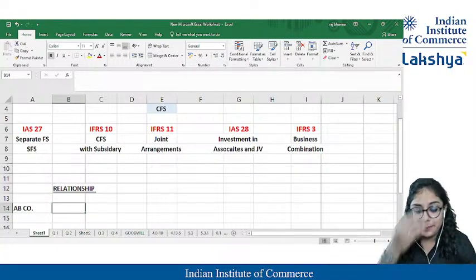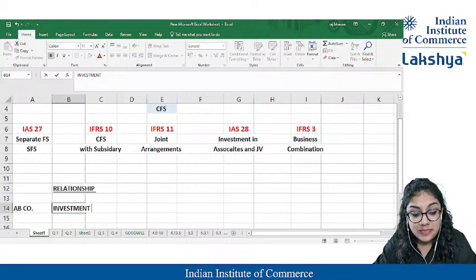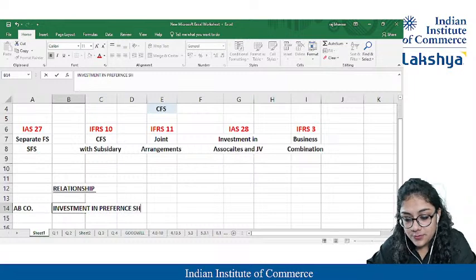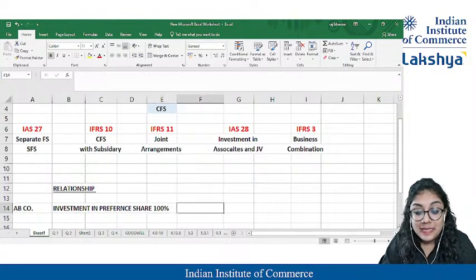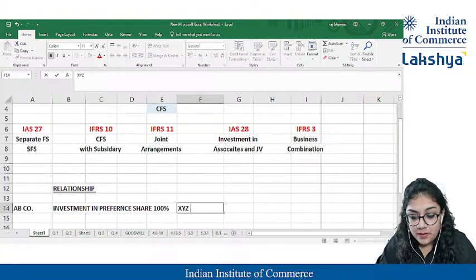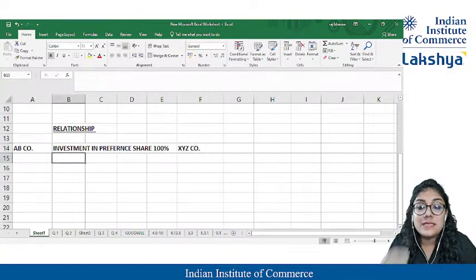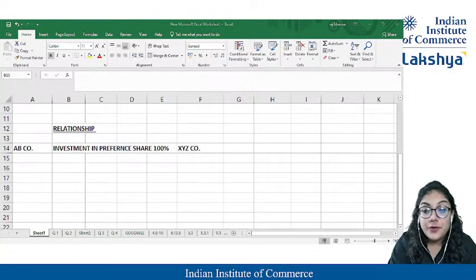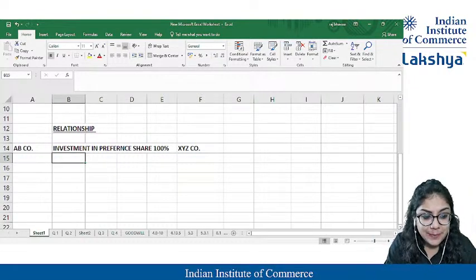For example, AB company wants to make an investment, so I made an investment in preference shares. 100% preference shares I have invested in XYZ company. If I have made 100% investment in preference shares, will that company be my related party? I want a yes or no.